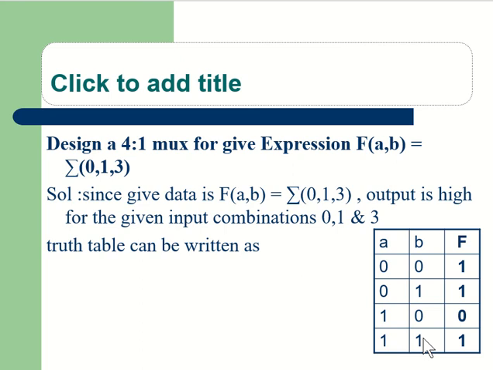These are the four input combinations, and it is given summation 0, 1, 3. So for case 0, case 1 and case 3, the output is high. So the output for function f is 1, 1, 1 for these cases.